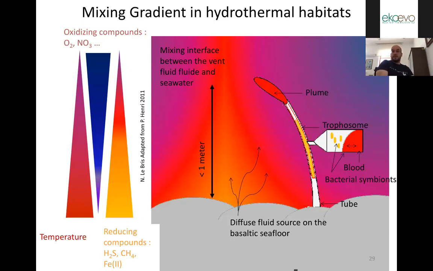We have developed chemical sensors over the years which can measure oxygen and sulfide in situ. So we dive with those sensors in submarines and directly measure the chemistry around these Riftia tube worms. We have learned a lot in the past decade about how these animals behave and why they do what they do.